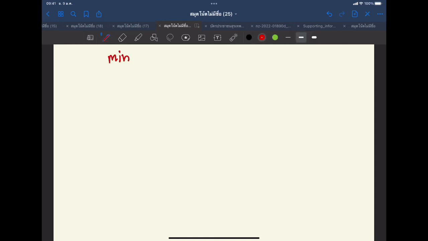To minimize the total cost. The cost is the cost for the whole system. And of course, we have to write the cost as a function of decision variables. So we have to design the decision variables first. Okay, so we have to define our decision variables.